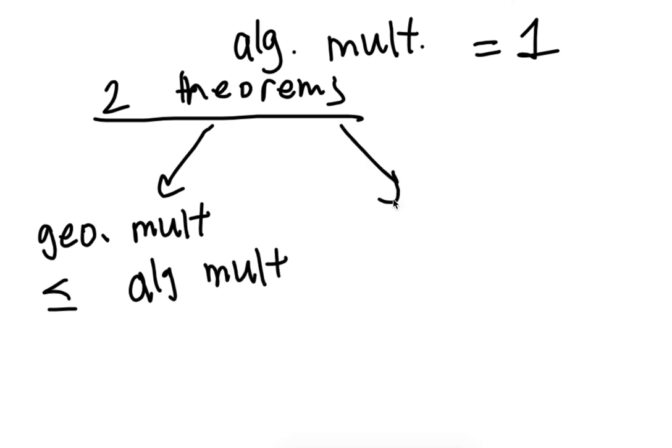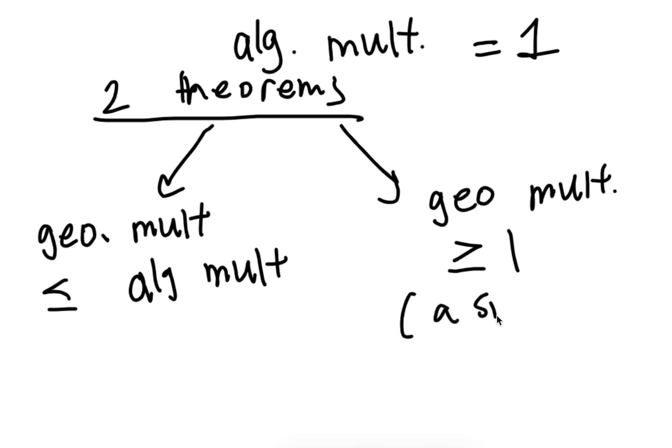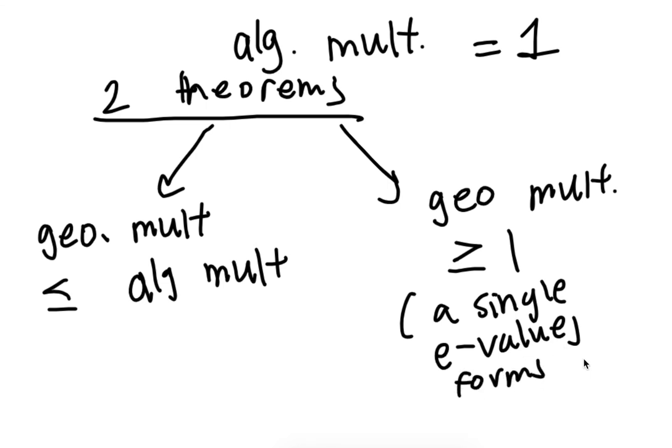The second theorem is saying that the geometric multiplicity is always greater or equal to 1. And this is because a single eigenvalue forms a span of solutions, which is defined by an eigenvector, which means that there has to be at least one free variable in order for it to form a span of solutions as opposed to a single solution or no solutions.